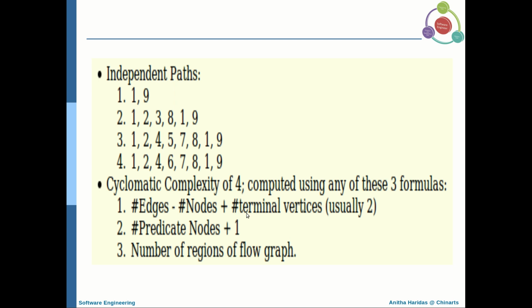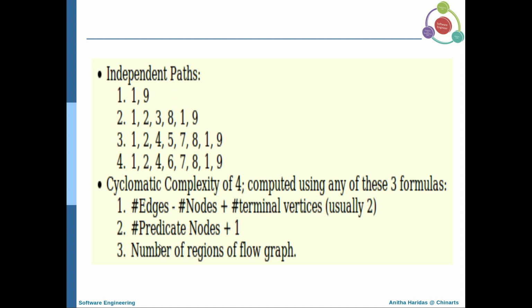Usually you will have 2 as the number of terminal nodes. There will be one exit node and one entry node. So only 2 terminal vertices will be available for any one connected component. So you can have the formula as number of edges minus number of vertices plus 2 into connected component, or you call it the number of terminal vertices.